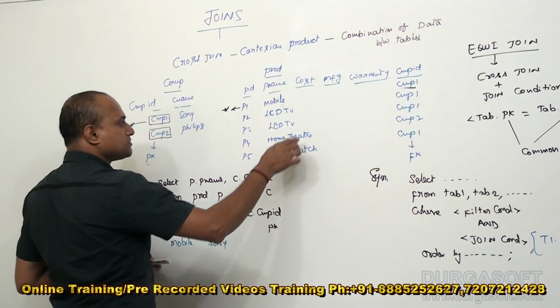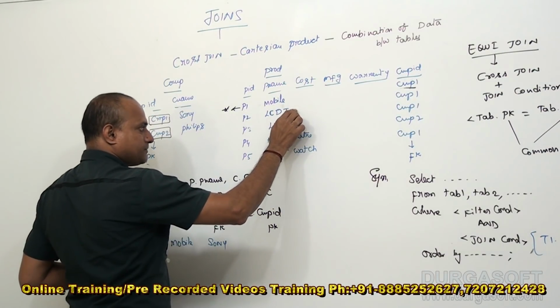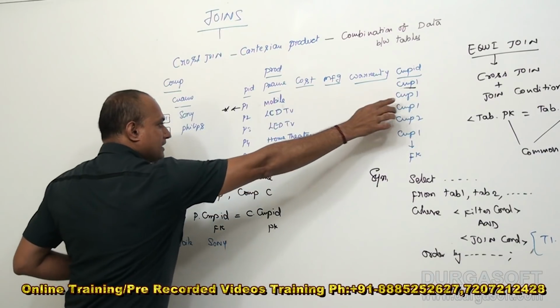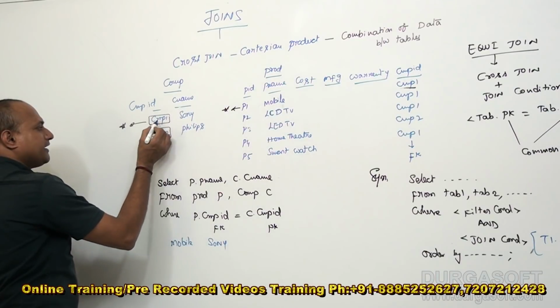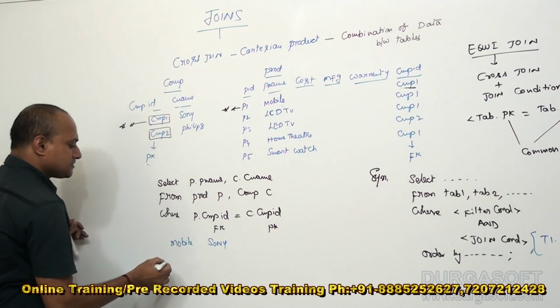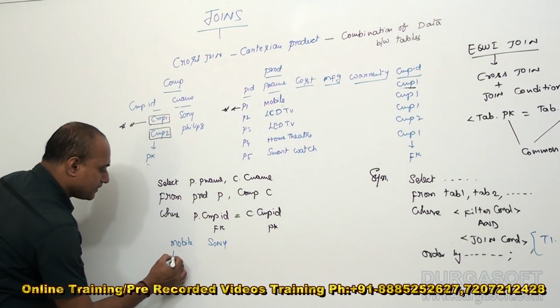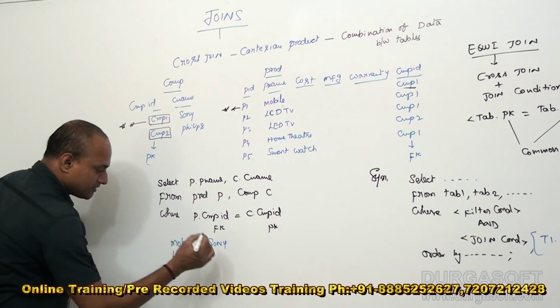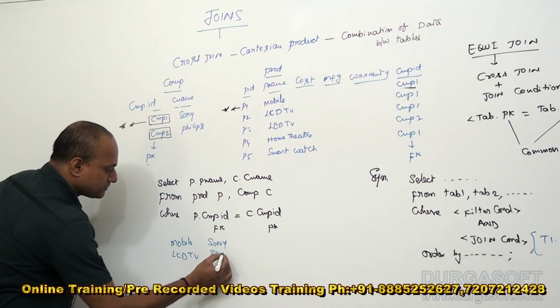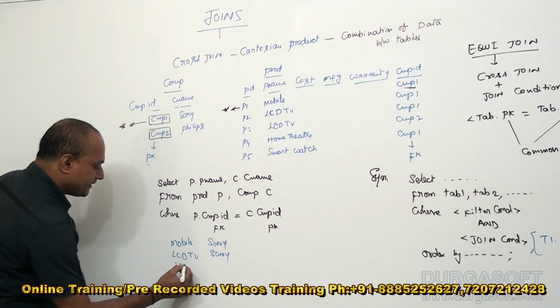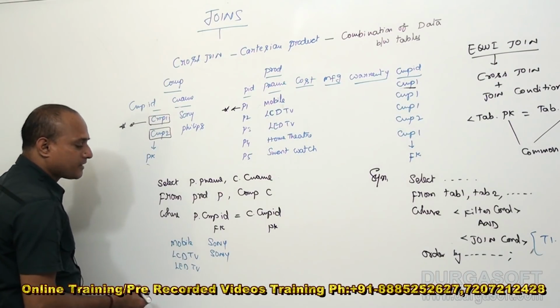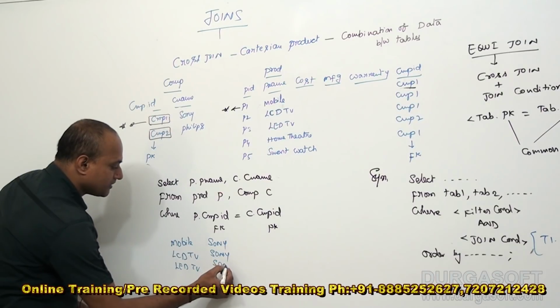Next, go to second product. From the second product in the product table, what is the company code? CMP1. CMP1 equal to CMP1 again. So what is the product name? LCD TV. And here what is the company name? Sony. Next product, LED TV. This is also from company 1, so Sony.